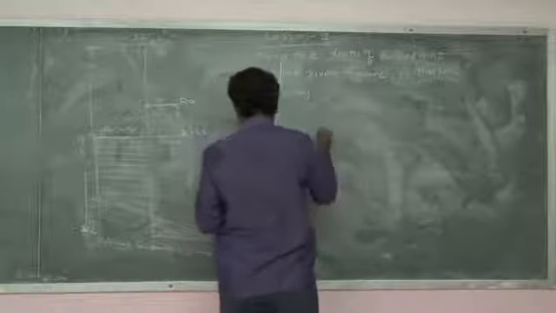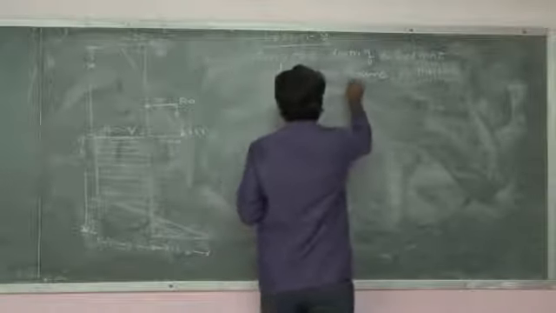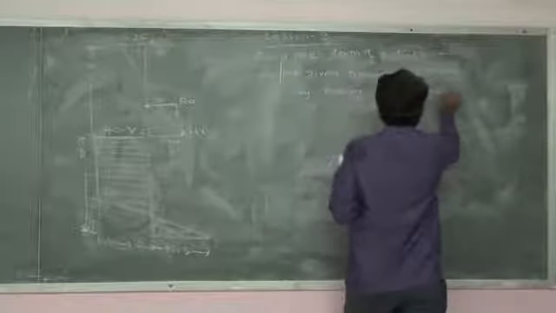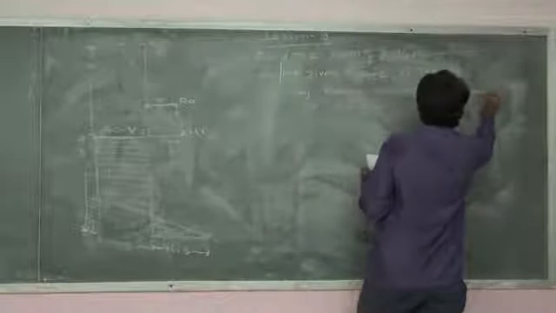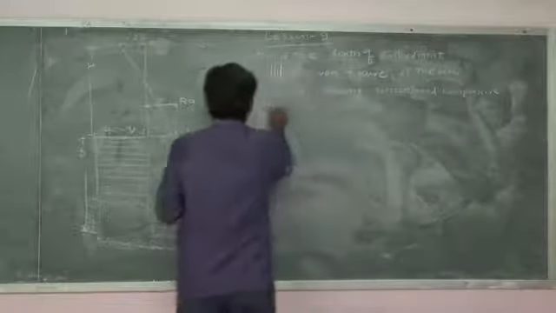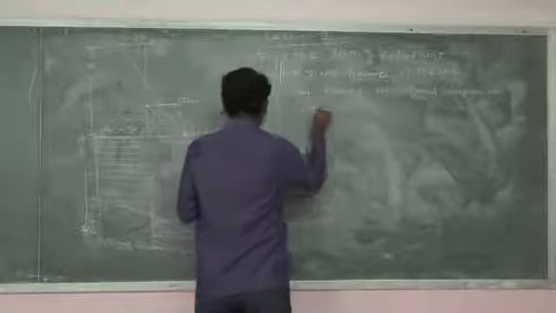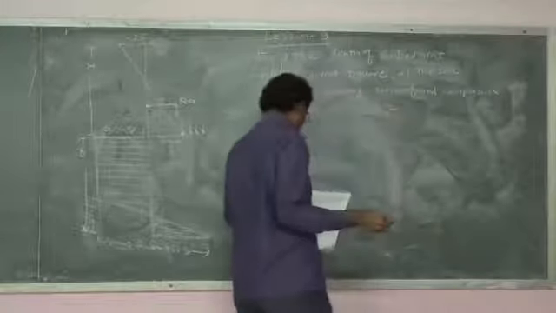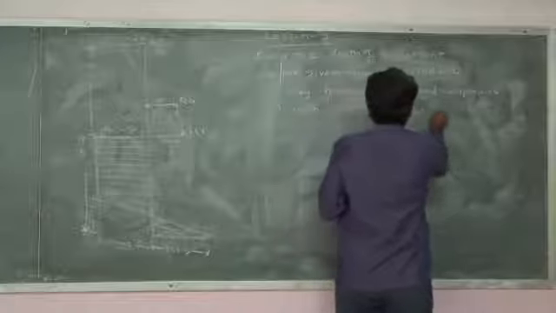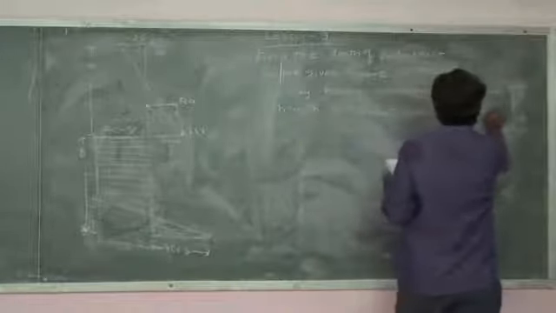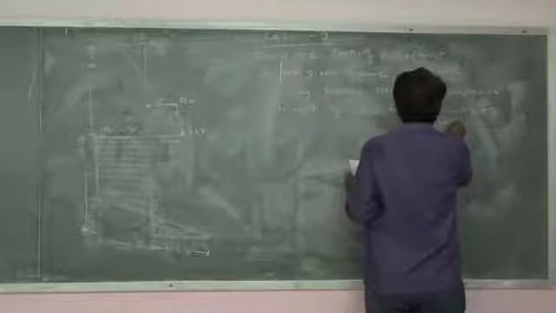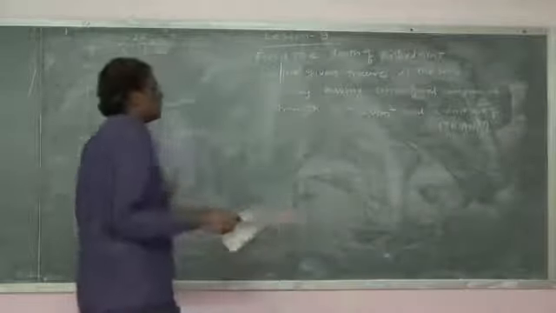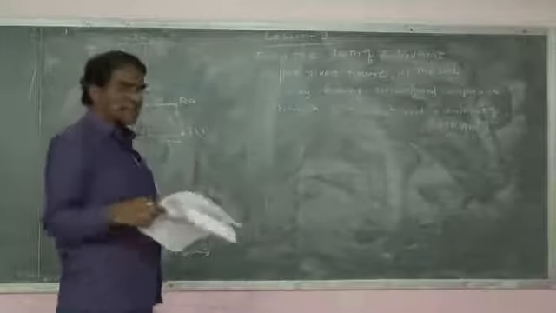If the soil is clay, having unconfined compressive strength of 70 kilonewton per meter square and unit weight of 17 kilonewton per meter cube, means below the dredge line clay is there, above the dredge line is also clay.